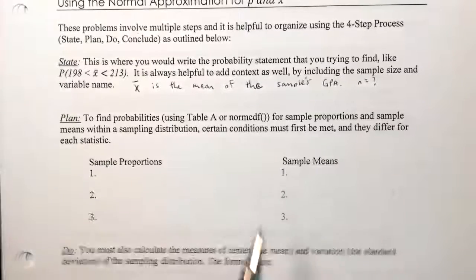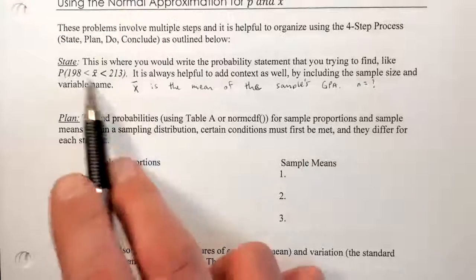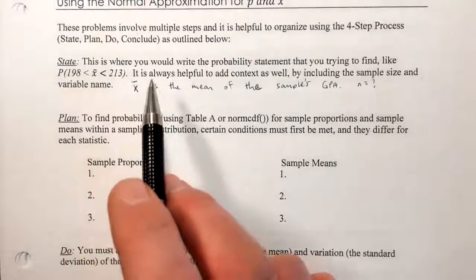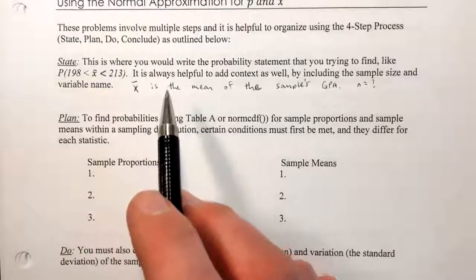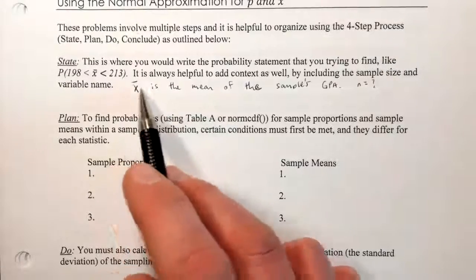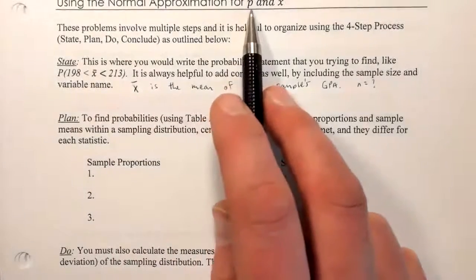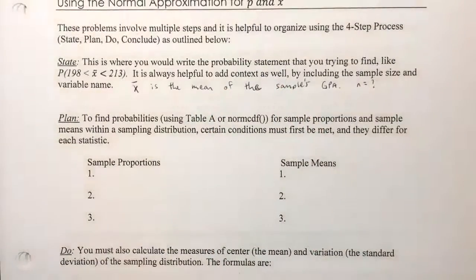What I should also mention in the state part is that you are choosing the statistic here. Do you want to answer this problem using a sample mean, or would you rather answer it using a sample proportion, p hat? So how do you know which one to pick?